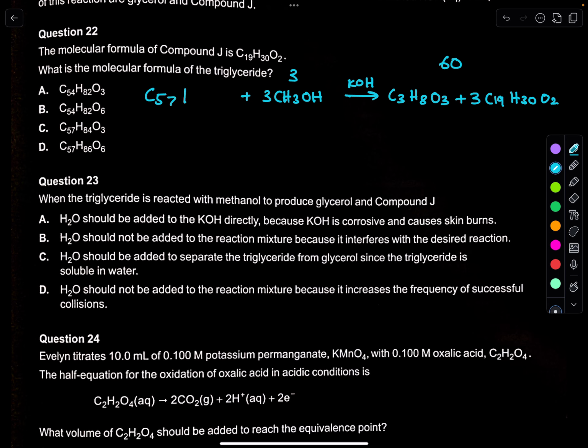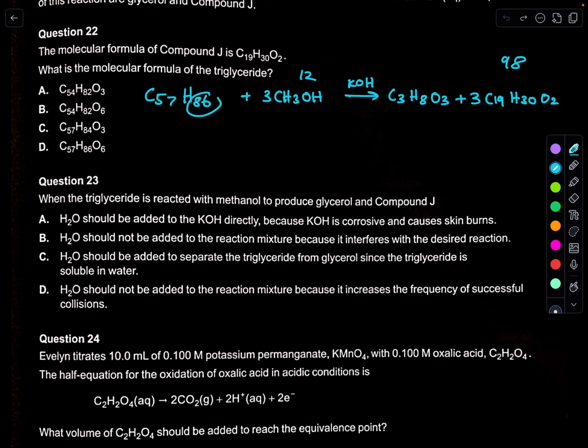It's done. What about the hydrogens too? In terms of hydrogens, there's 30 times 3, which is 90. And here there's 8, so 98 basically. We have 98 hydrogens on the right-hand side. Here we have 4 times 3, so there we have 12. That's already taken. So what's 98 minus 12? You have 86. You have to have 86 hydrogens here.